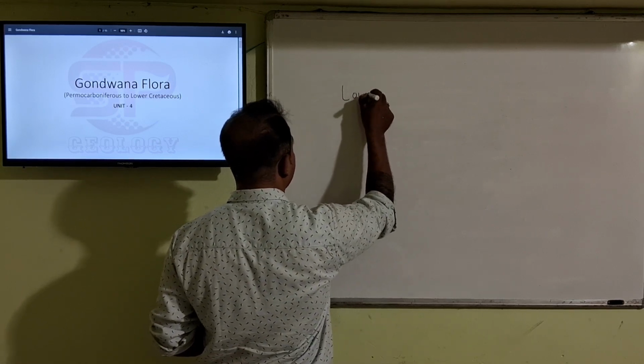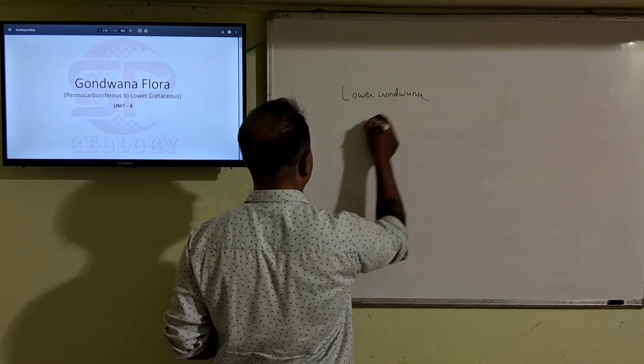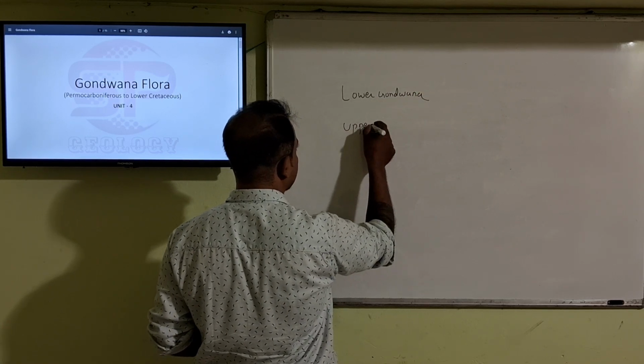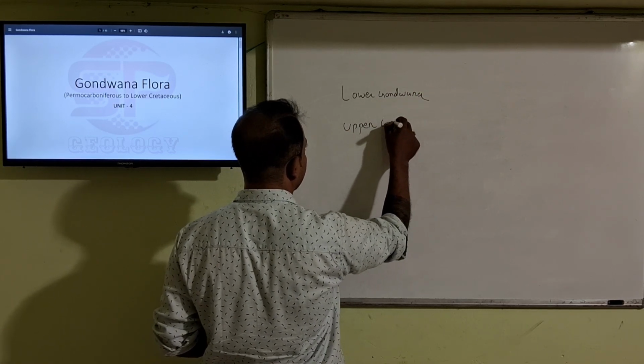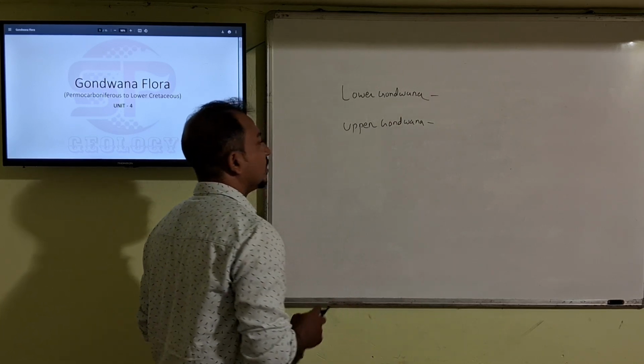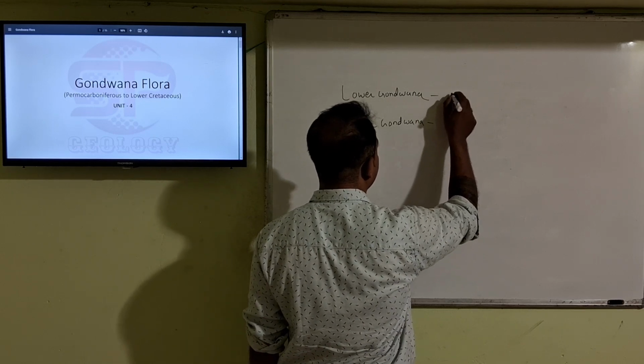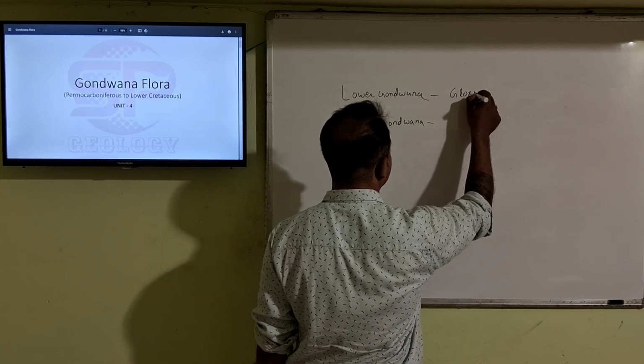Lower Gondwana and upper Gondwana: this is the classification you can write down. Lower Gondwana is characterized by Glossopteris.